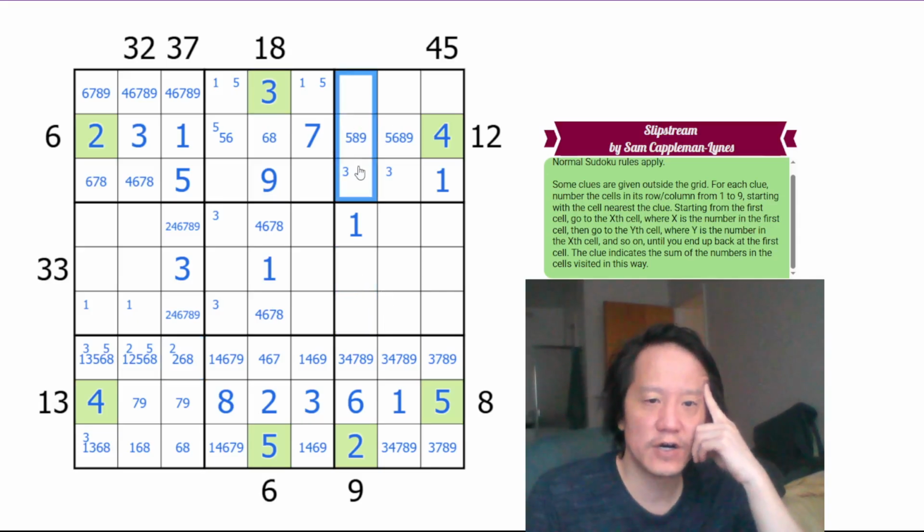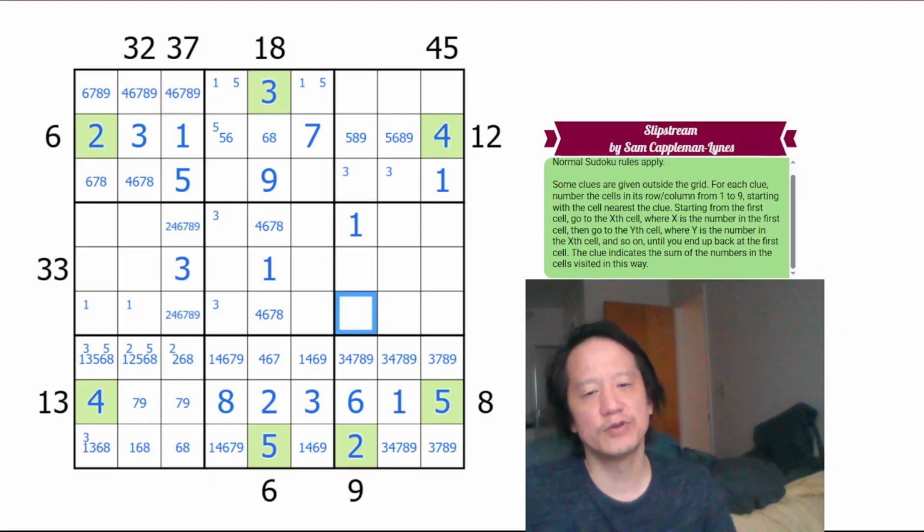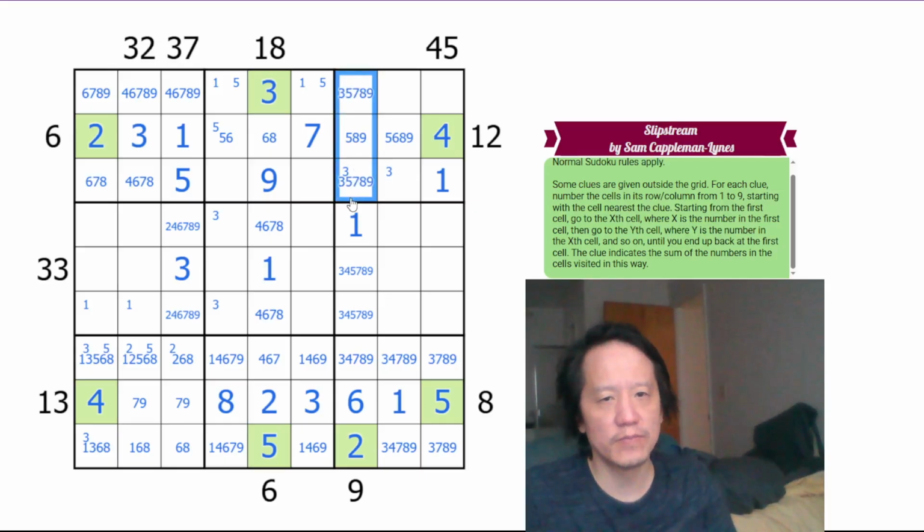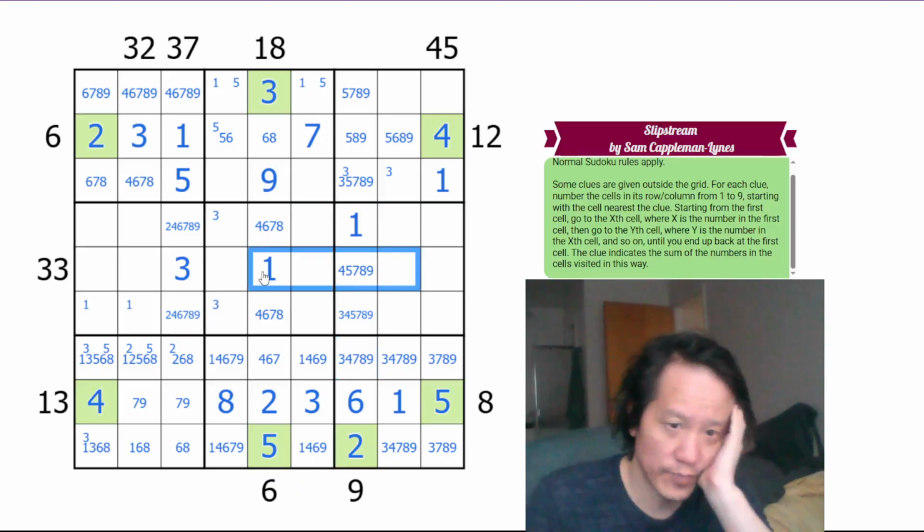The rest of column 7 is 3, 4, 5, 7, 8, 9. This can't be 4 in box 3 because of the 4 in the box. This can't be 3 because of the 3 in the row. This can't be 3 because of the 3 in the row.